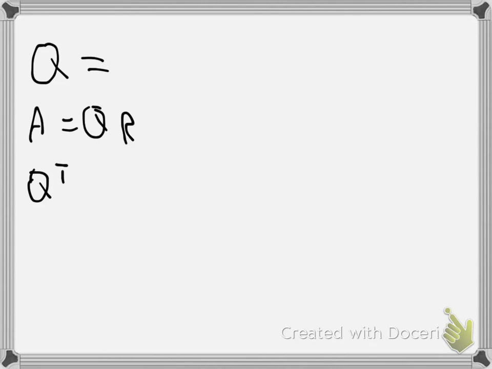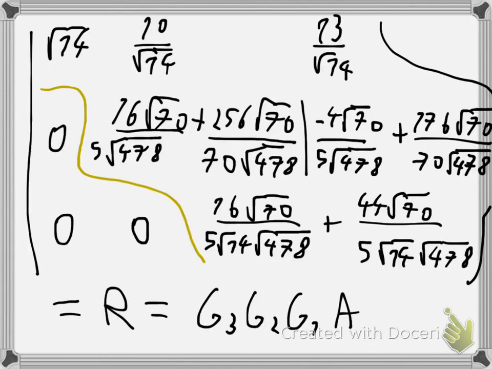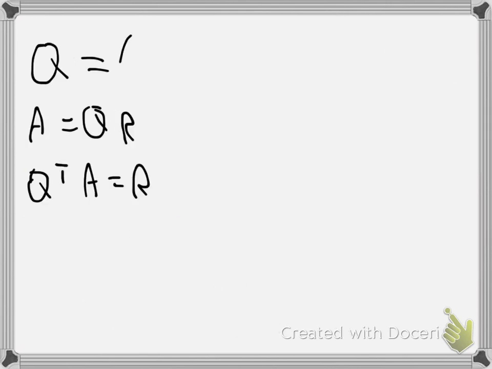And so now if you want, you can find Q, because recall A equals QR. Sorry. So Q transpose A is equal to R, recall that. And so Q would be equal to J3, J2, J1 transpose.